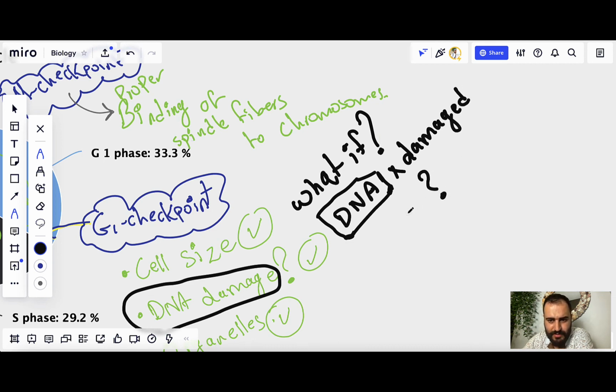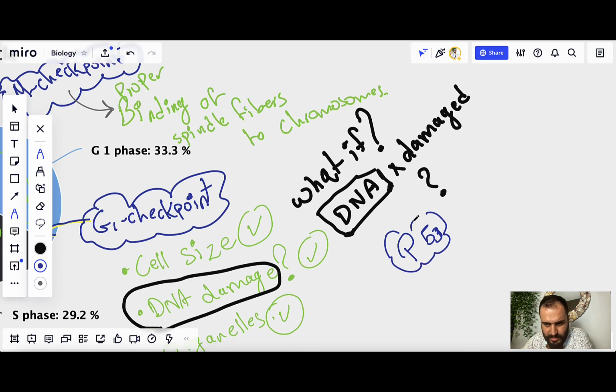What will happen? If there is damage in the DNA, the protein P53 is going to be activated.